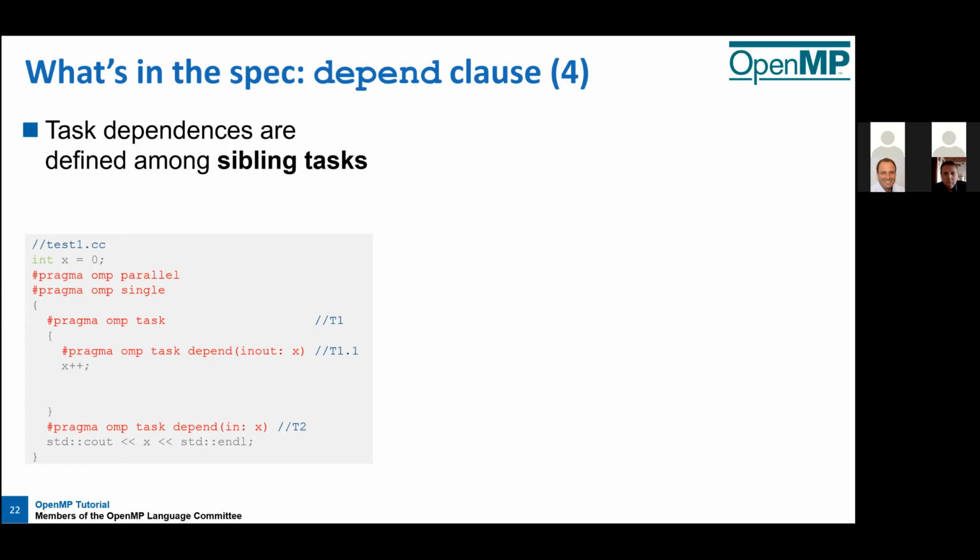So that means they don't have the same parent task, right? If you want that, you would have to restructure the code so this outer task is gone, and so that this task construct and this task construct are on the same level in terms of the task structure.